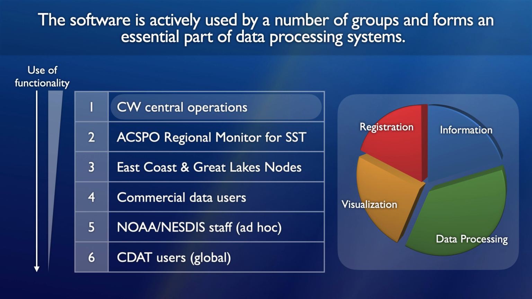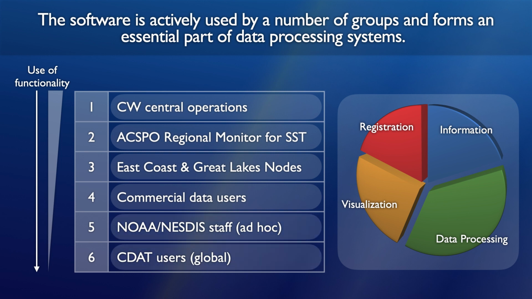Also the AXPO Regional Monitoring Group for SST, the East and West Coast CoastWatch nodes, and also NOAA staff. We have commercial users who use the CoastWatch utilities to process CoastWatch products for their own websites and applications.